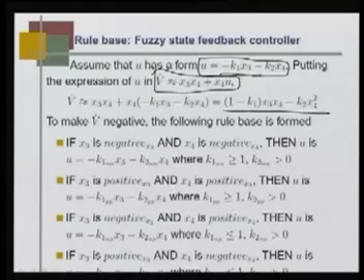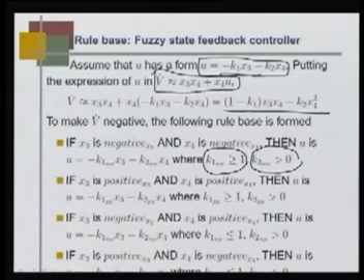Since x4 is negative, the x4 square is positive. So, all that I have to make sure is that 1 minus k1 has to be negative, as well as k2 is positive. So, k2 is positive, and 1 minus k1, because this is positive, has to be negative. So, 1 minus k1 is negative, means k1 is greater than 1.